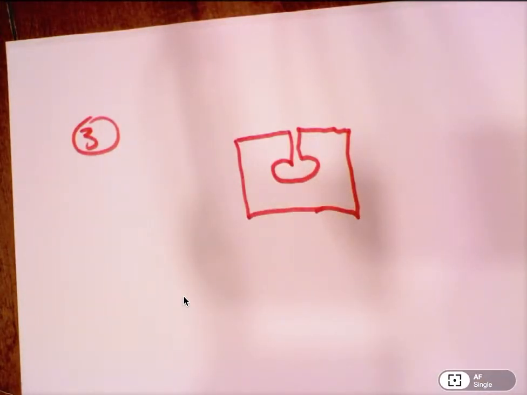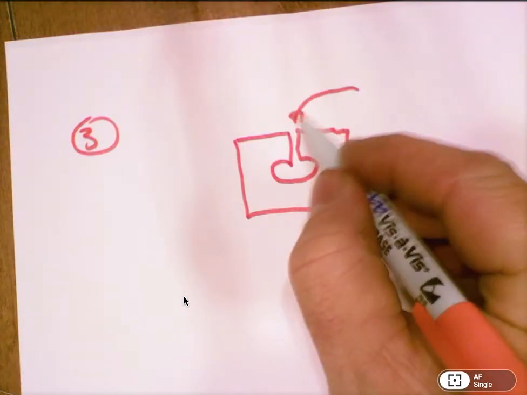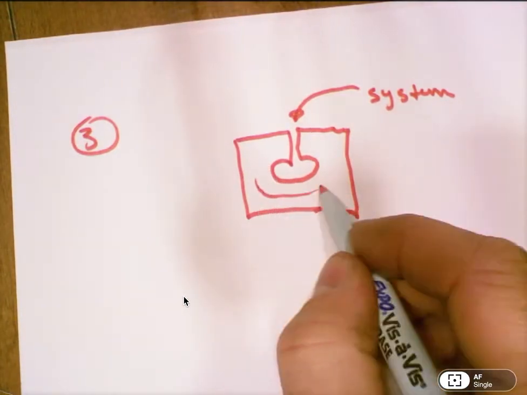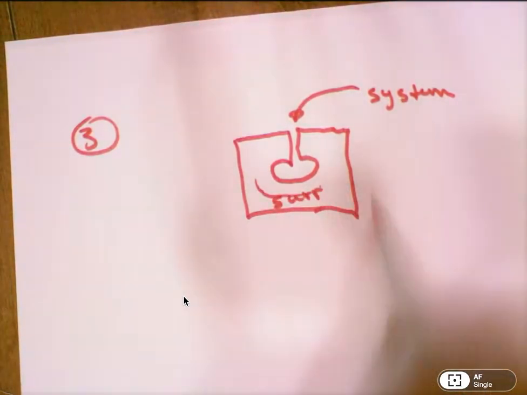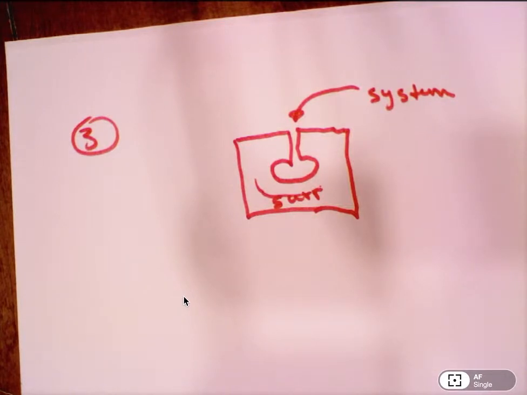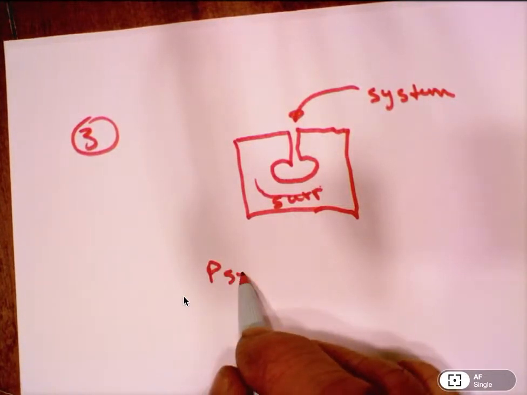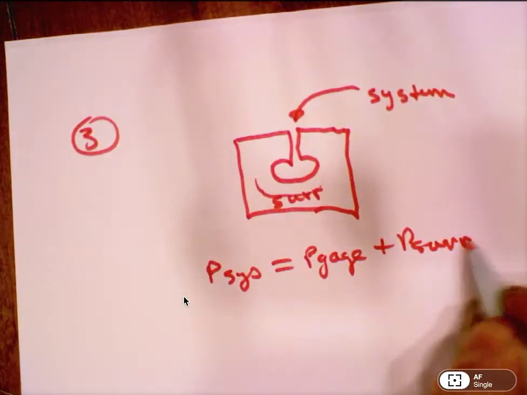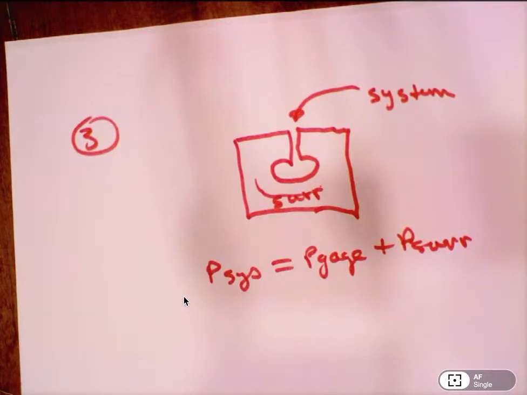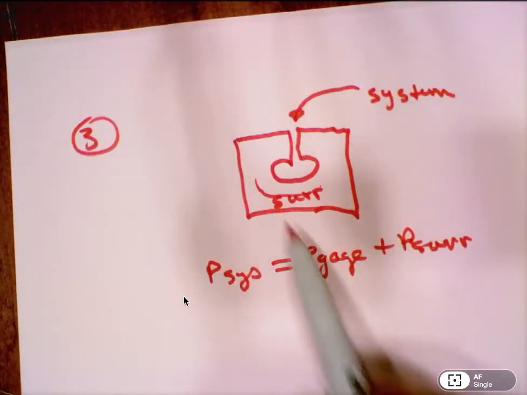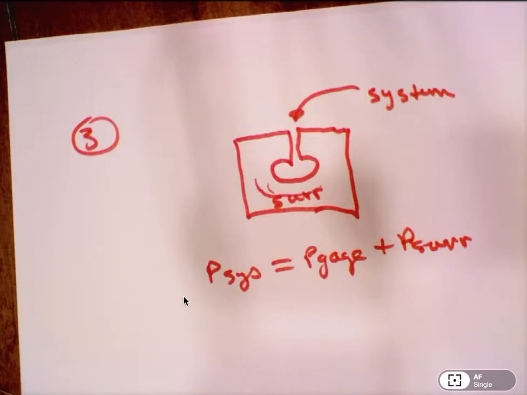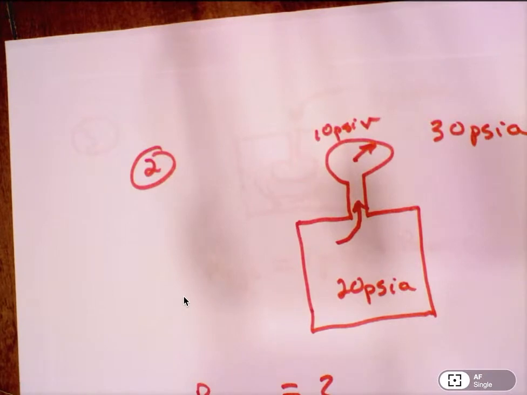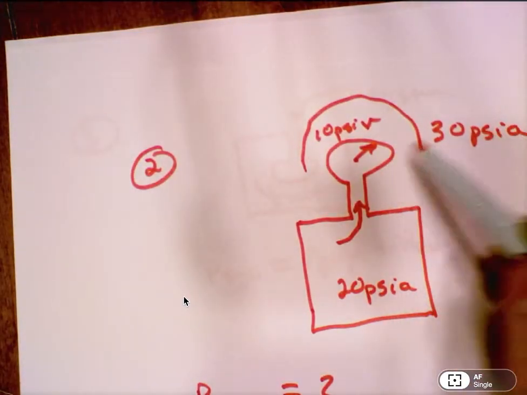Well, really nothing changes, because what goes into the gauge is the system. What surrounds the gauge is the surroundings. So the pressure of the system equals the pressure of the gauge plus the pressure of the surroundings. It's important to note that the stuff that flows into the gauge is the system and the stuff around it is the surroundings.